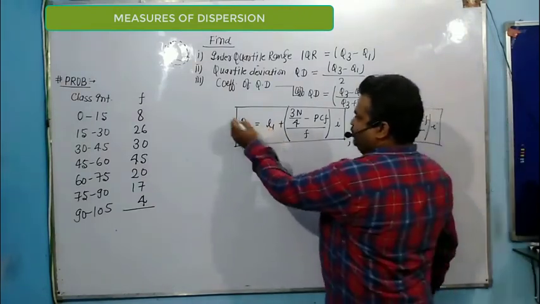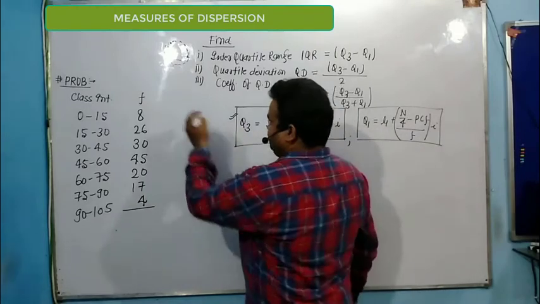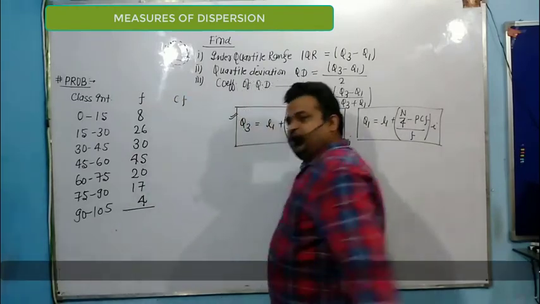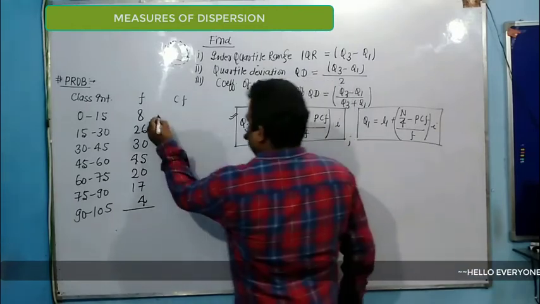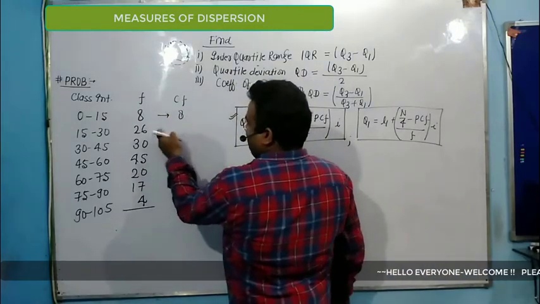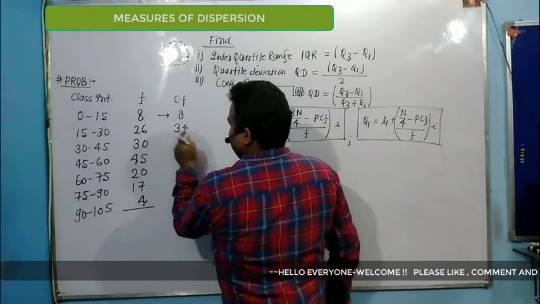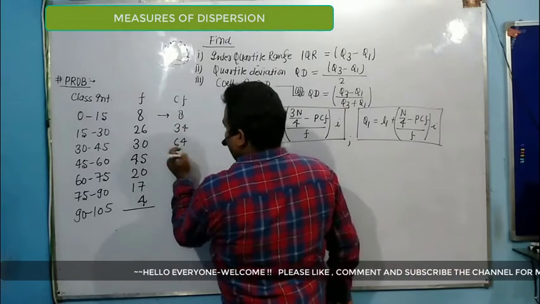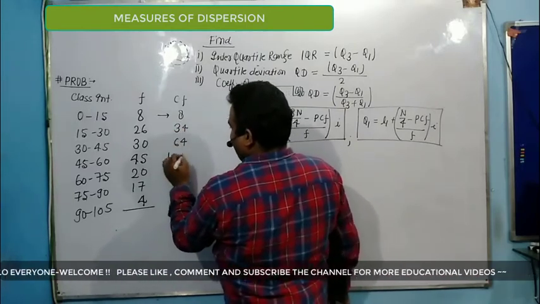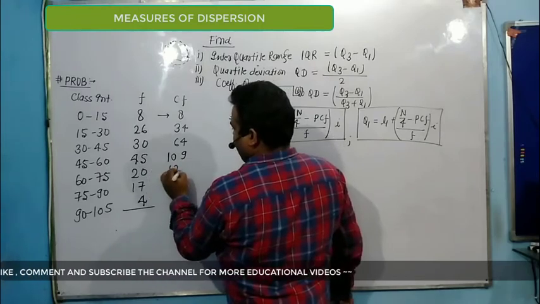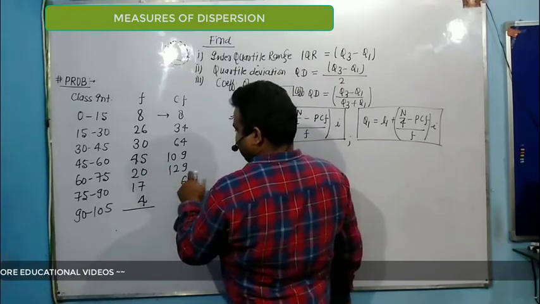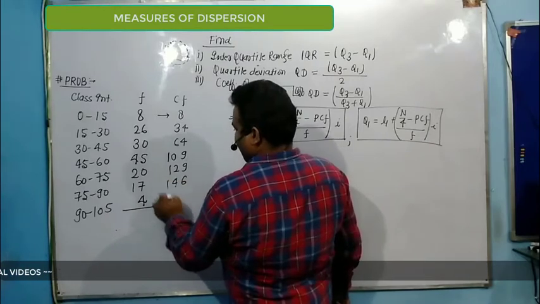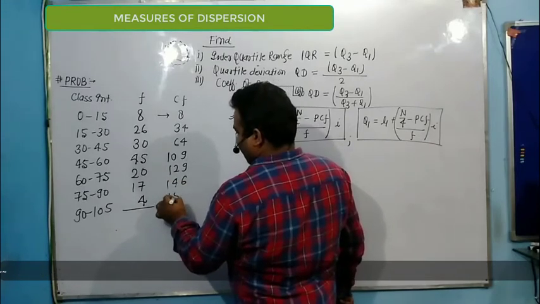So first I am going to calculate Q3. First you calculate the cumulative frequency. Cumulative frequency is the addition of all the frequencies one by one, keeping the first frequency the same. So 8 plus 26, 34, 34 plus 30, 64, 64 plus 45, 109, 109 plus 20, 129, 129 plus 17, 146, 146 plus 4, 150.